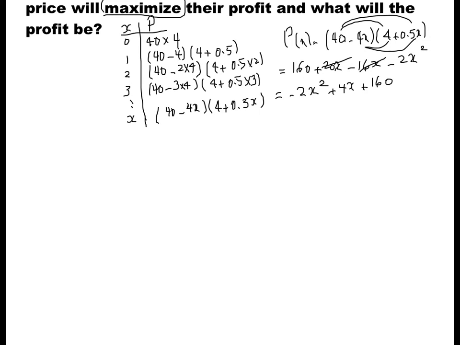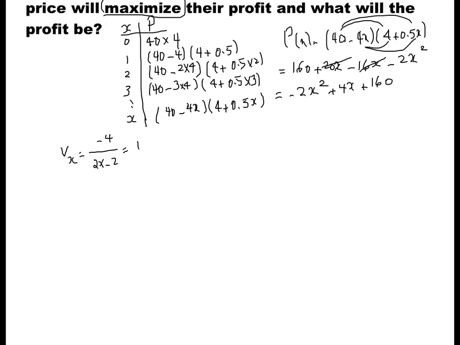Now to find the x-coordinate, I'm going to say v sub x is equal to minus b, which is minus 4, over 2a, which is 2 times negative 2, which is going to give me 1. This means that if they increase the price once only, they are going to get the maximum profit.